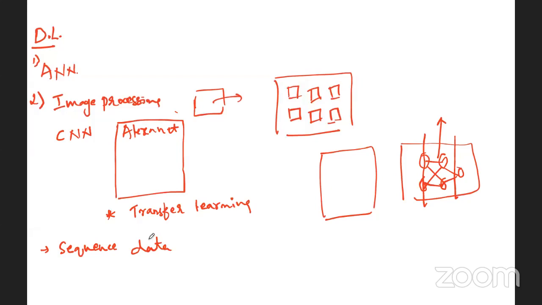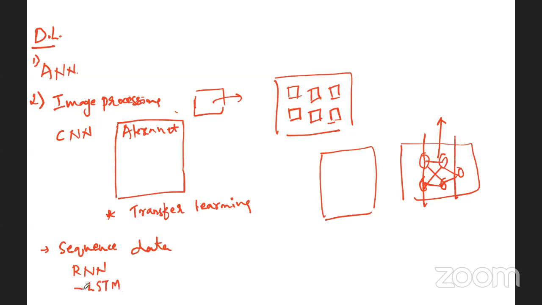If you capture the data every day, one data point, day one, day two, day three, like temperature data, or on an hourly basis, or seconds, or minutes, any sequence, month or quarter or year. So we just need a sequence. Sequence data analysis can be done using RNNs, recurrent neural networks. Okay. So in RNN we have something called LSTM, long short-term memory.